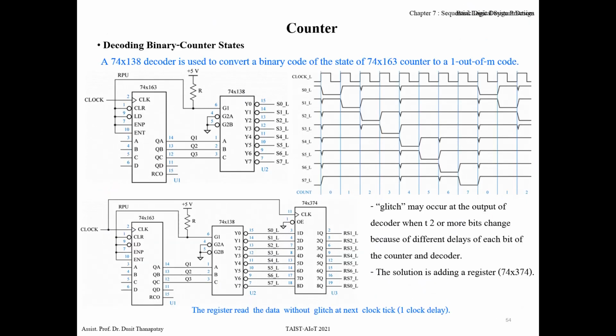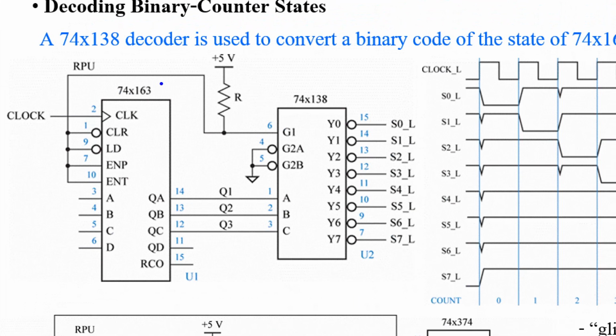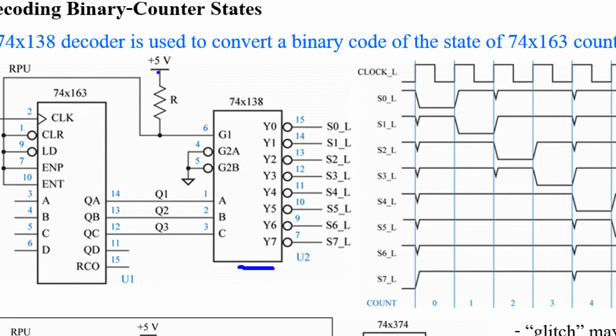And for this page, I'll just show you some examples. For example, if you use a counter, in this example 3-bit, as the result of the counter, and you use a decoder to convert the 3-bit binary value to 1 out of 8, only 1 bit is active at the output.